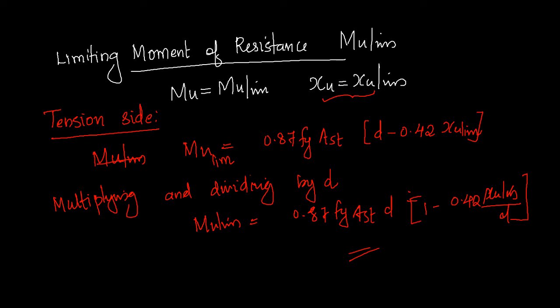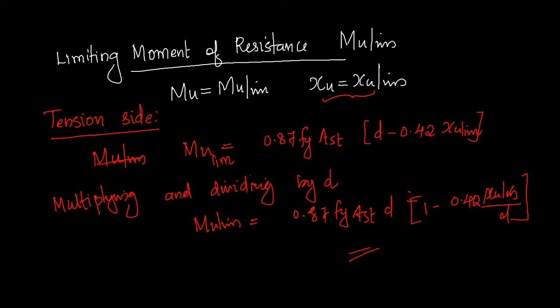Then again multiplying and dividing the same by d, we will get Mu limit equal to 0.87 fy Ast into d, and this is the expression for Mu limit.